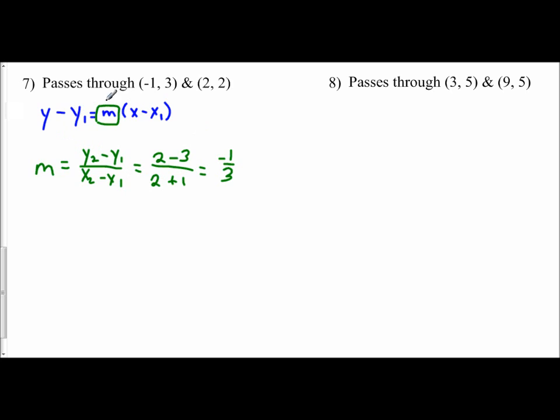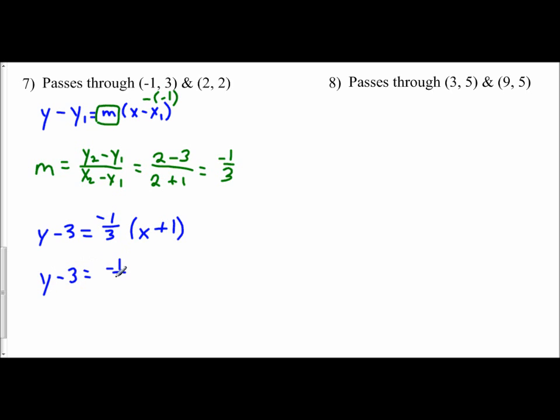y minus y1, so I'm going to do y minus 3 equals negative 1/3 times x minus x1. So really I'm doing minus a negative 1, so that means I'm doing x plus 1. So I'm going to distribute.